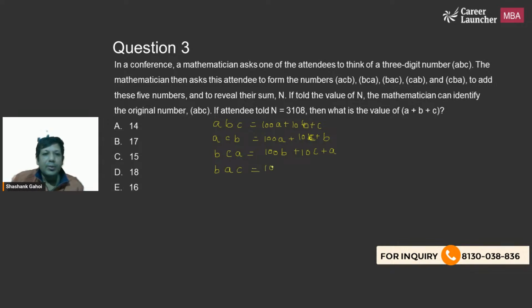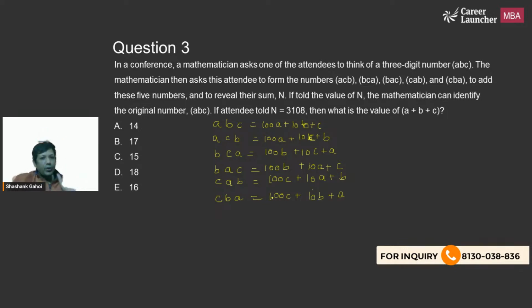So that is 100B plus 10A plus C. Then he asked to write CAB, then CBA. So what is CAB? That is 100C plus 10A plus B, and CBA is 100C plus 10B plus A.